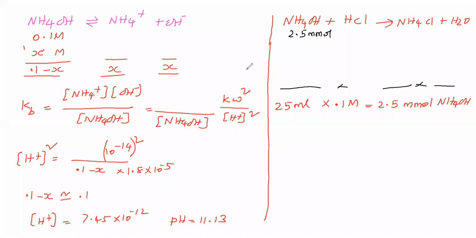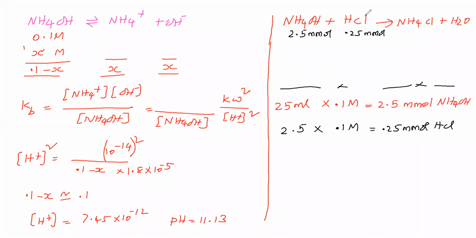From the burette, which solution have we added into ammonium hydroxide? HCl. HCl concentration is 0.1 molar. What volume have you added so far? 2.5 ml. Therefore, how many millimoles of HCl have we added so far? 0.25 millimoles.